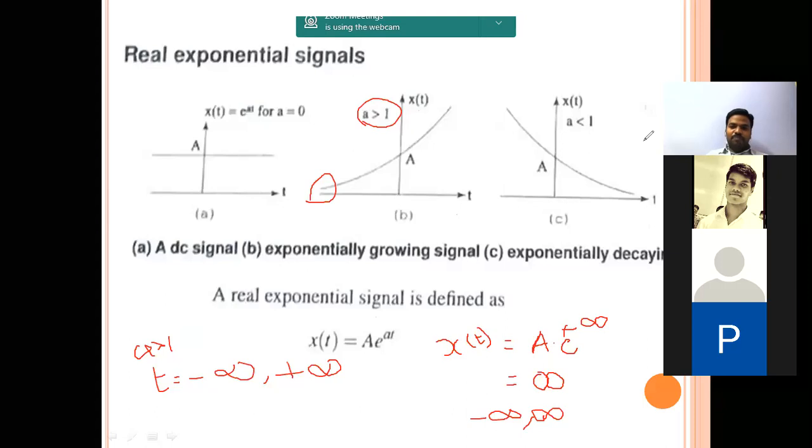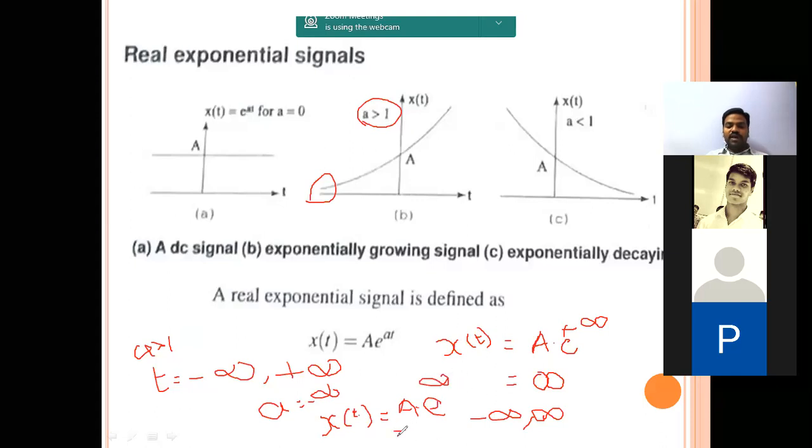Why? Because in this particular case, we are considering A is negative. A less than 0 means obviously A is negative. If we start our x of t from negative values of time, at minus infinity, you will get A multiplied by e power minus of minus, since A is negative and t is also negative, so minus of minus gives infinity.